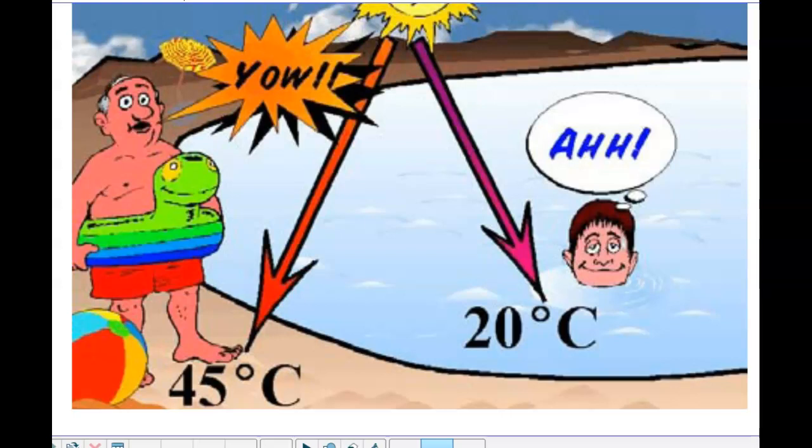But this also means that water will hold on to its heat more than sand will. So if you've ever gone to the beach in the evening or at night, you might notice that the sand is cool, but the water remains warm. So even though it takes more energy to change the temperature, it also holds on to that heat more, and that's why we say that water has a very high specific heat capacity.